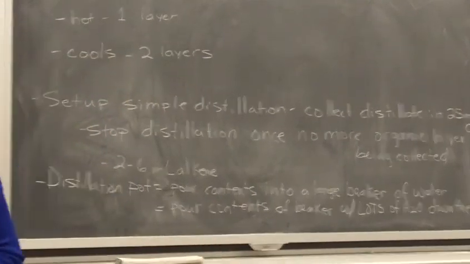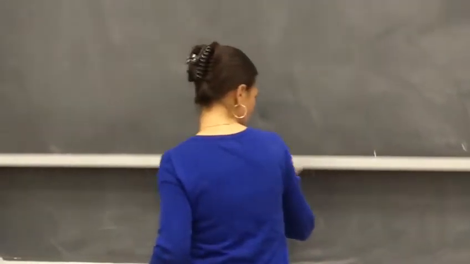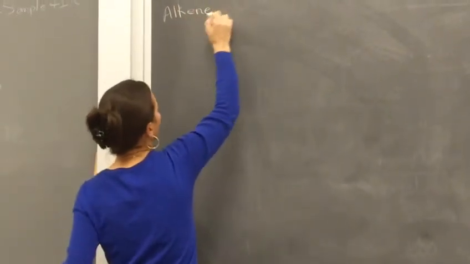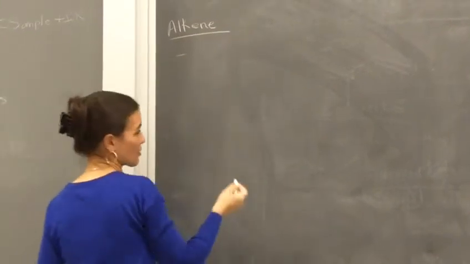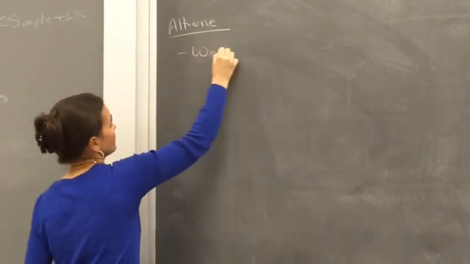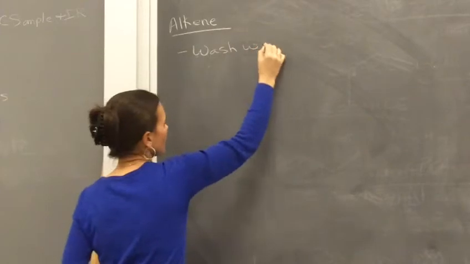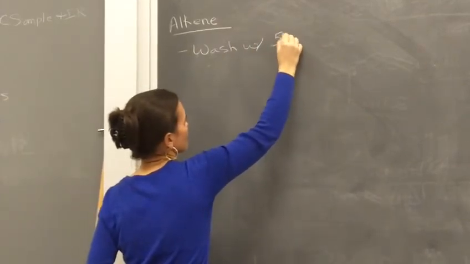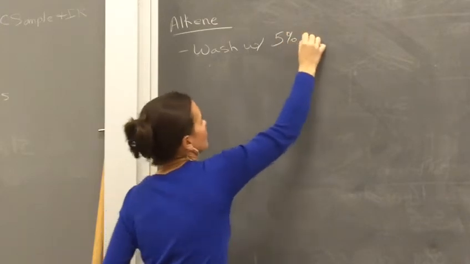Okay, now with your alkene, we've got a couple steps of workup, but we've got to be really careful with it because we don't have a lot of it, okay? So the first thing you're supposed to do is wash it with the 5% sodium bicarbonate solution that you used last week.